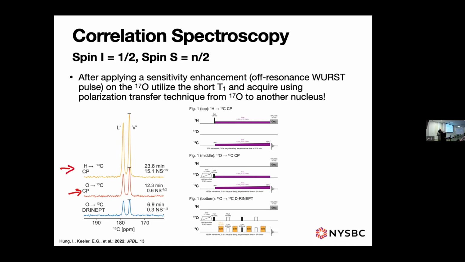So that's essentially the same experiment, except for right here. You can't really read it, but at the beginning, before we hit it with a pulse, there's a positive 450 kilohertz offset WURST sweep, 90 kilohertz sweep pulse that is for a millisecond.